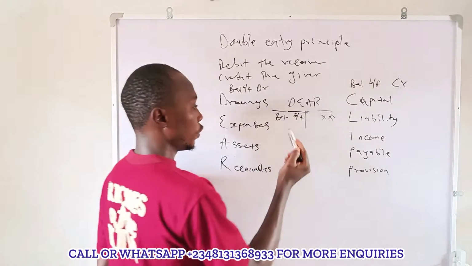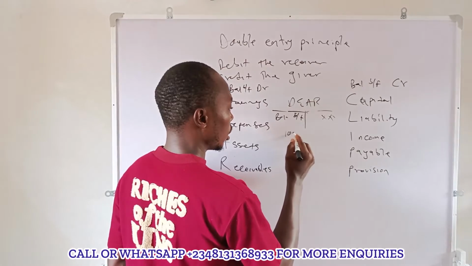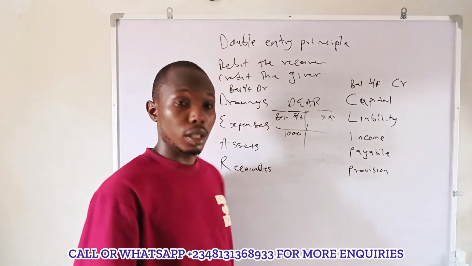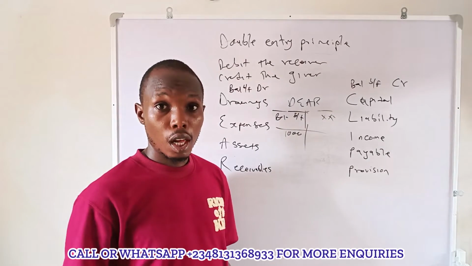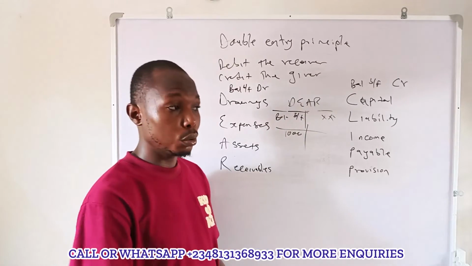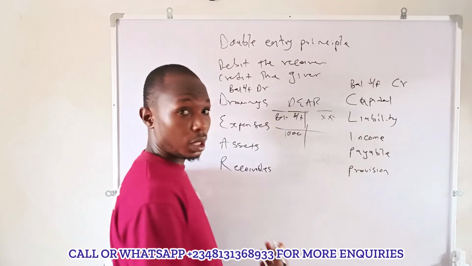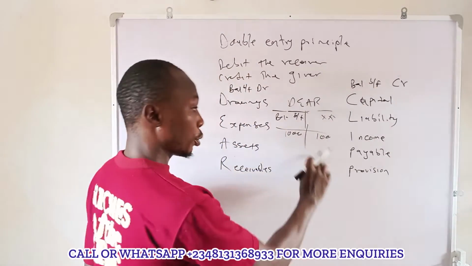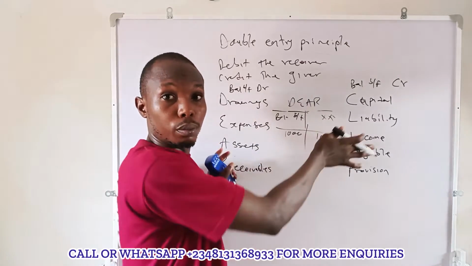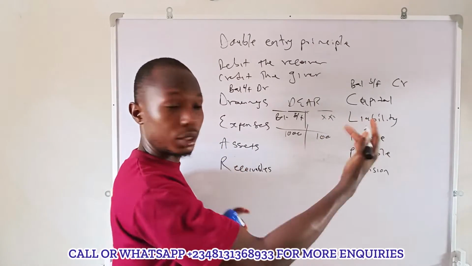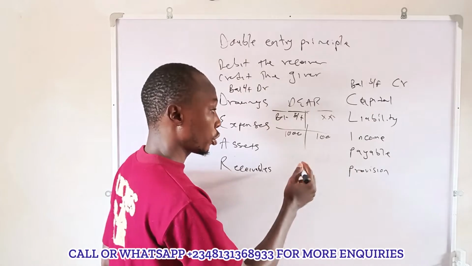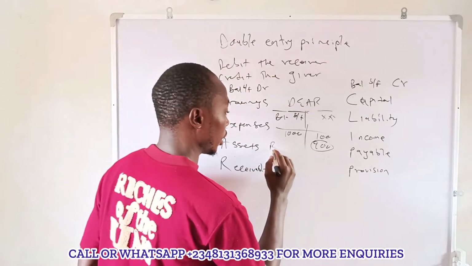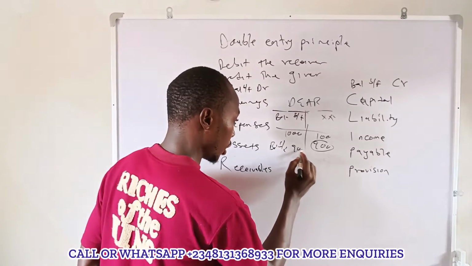For instance, if you incur an expense of 1,000 and in this 1,000 you overpaid a particular staff maybe by 100, I'm just giving an instance, and you want to get back that 100 from that staff, you have to put that 100 here. The reason why you put that 100 here is like an equilibrium where you have both sides weighing. So here is higher than this side, but with a balance of 900. So you're now having a balance brought down of 900, no longer 1,000.